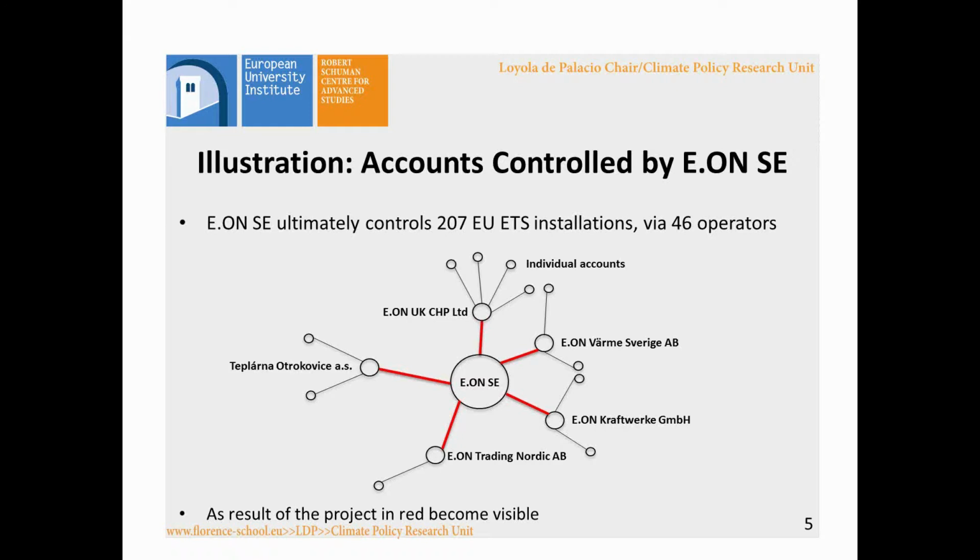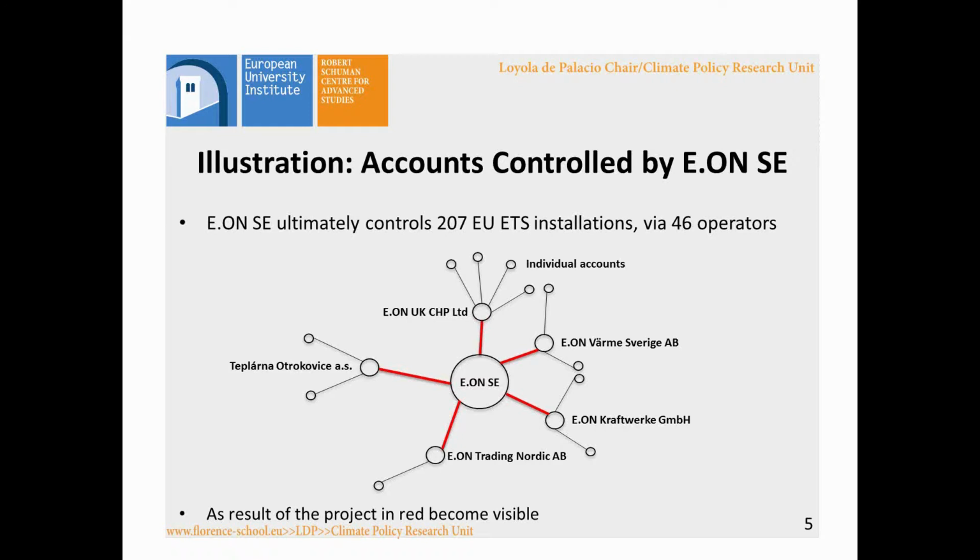And here, this is where this distinction between your idea of what a firm is becomes a bit more visible. An operator is a firm that is registered with national authorities on a national level and is responsible to the EU ETS administration for a certain number of accounts. It can be one account, it can be several accounts.